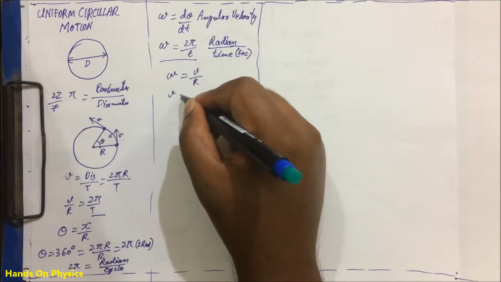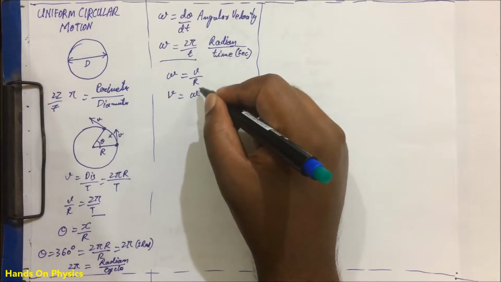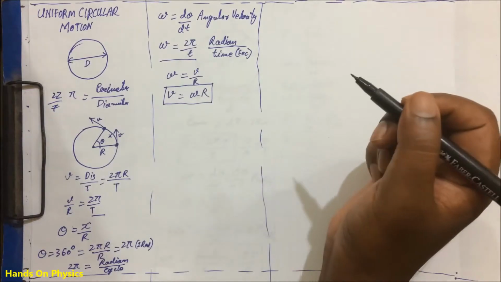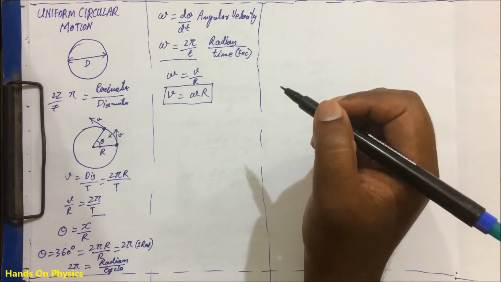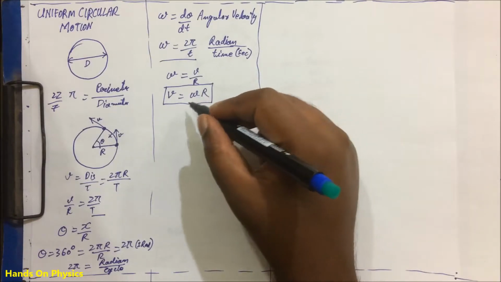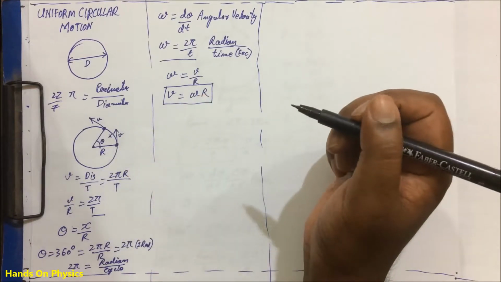That is how particle velocity and angular velocity are related. v is equal to omega r. This is a very important term in understanding uniform circular motion, the relation between angular velocity and linear particle velocity, or momentary particle velocity v.